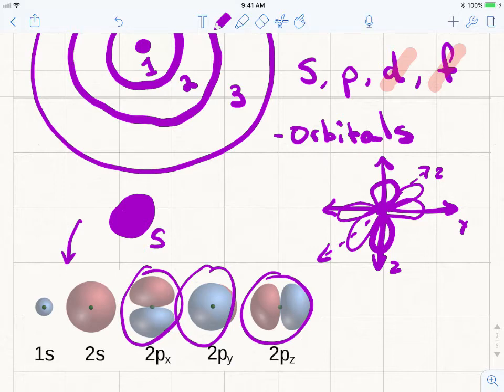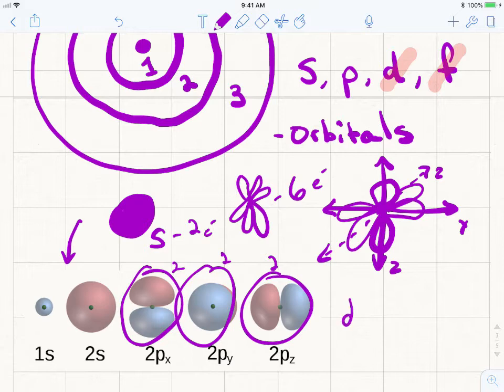Now, an S orbital, which is this sphere right here, can hold 2 electrons, and each one of these can also hold 2 electrons. So a P orbital, which again looks vaguely like this, can hold 6 electrons. With our D and F, D can hold 10 electrons, and F can hold, I think it's 14.